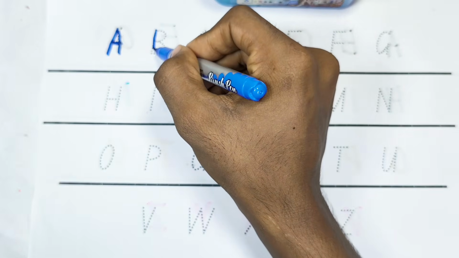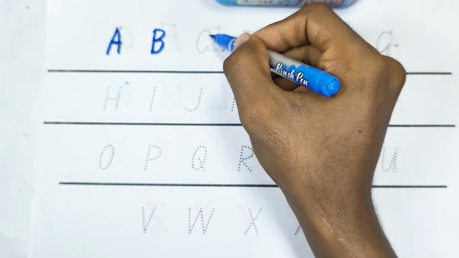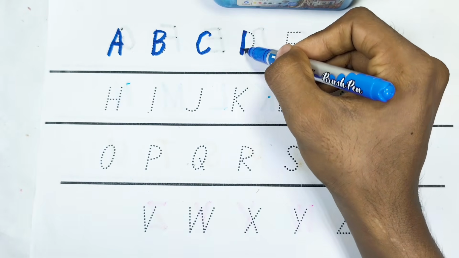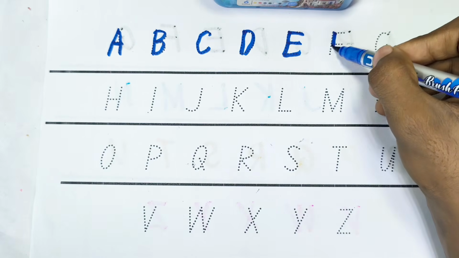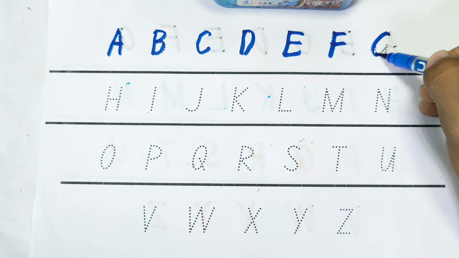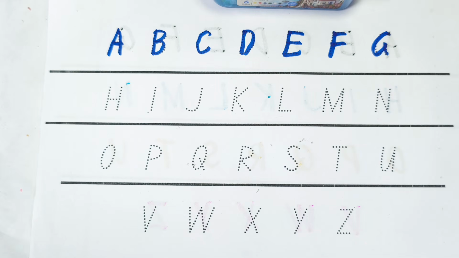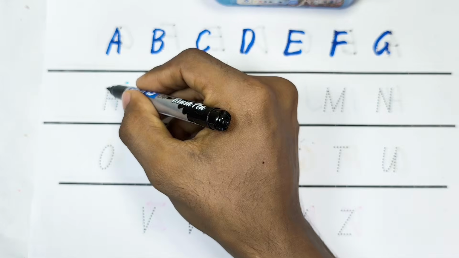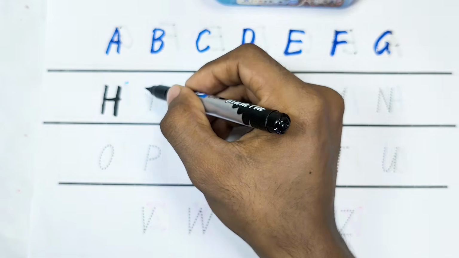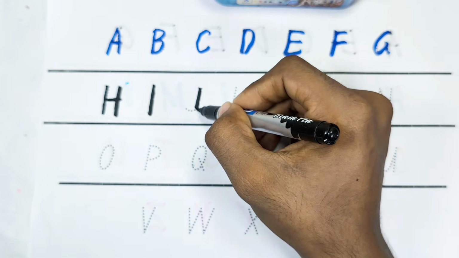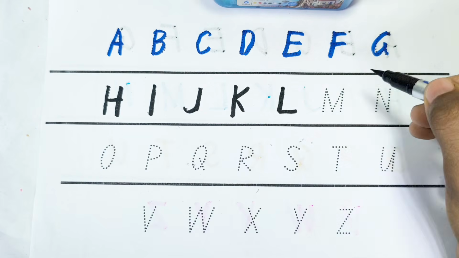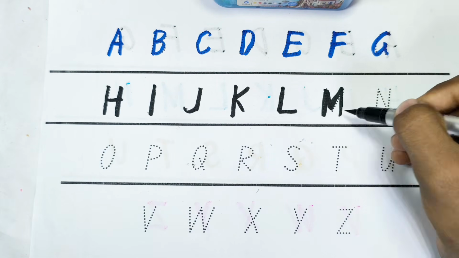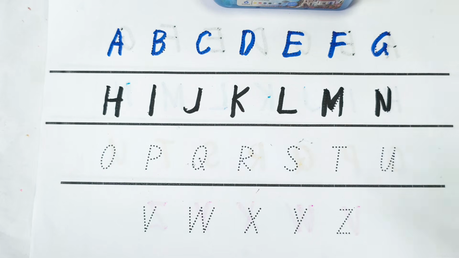A for apple, B for ball, C for cat, D for dog, E for elephant, F for fish, G for goat. Kids, now you draw H. H for helicopter, I for ice cream, J for joker, K for king, L for lion, M for moon, N for nose.